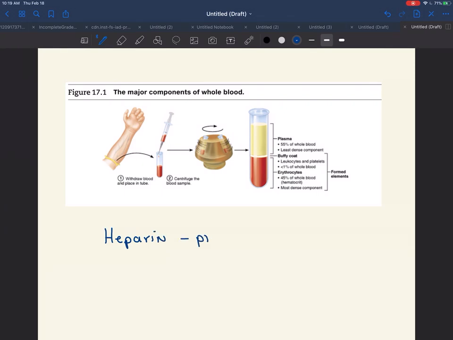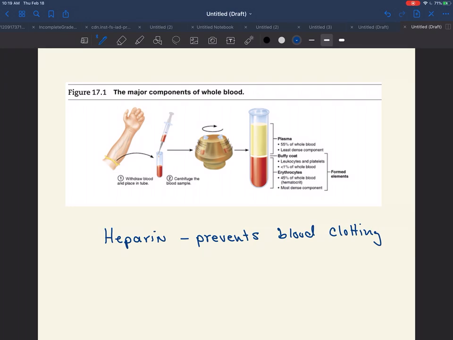And heparin actually prevents blood clotting. So if you've ever had blood drawn and put into a test tube, those are usually heparinized test tubes. So they prevent the blood from sticking to themselves and the clotting factors from coming out of solution.